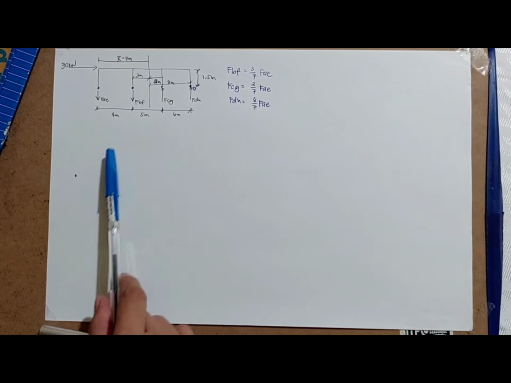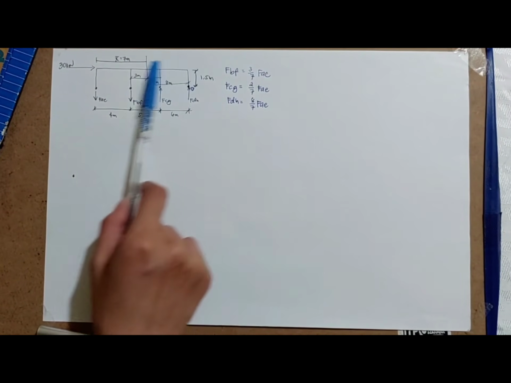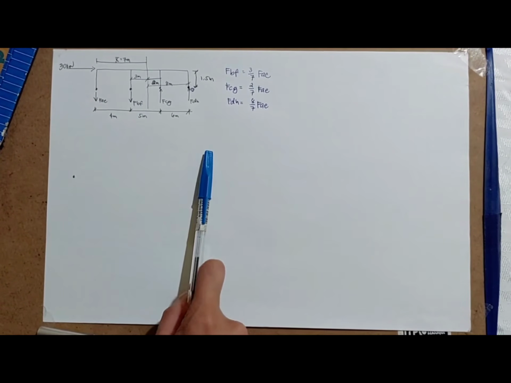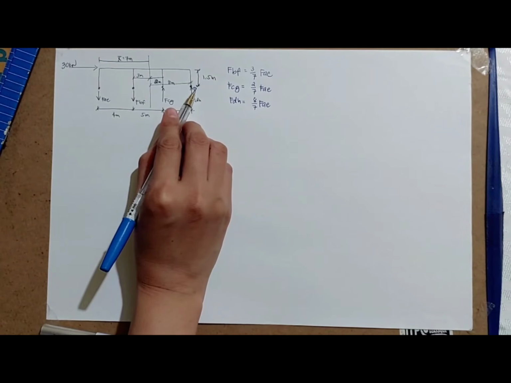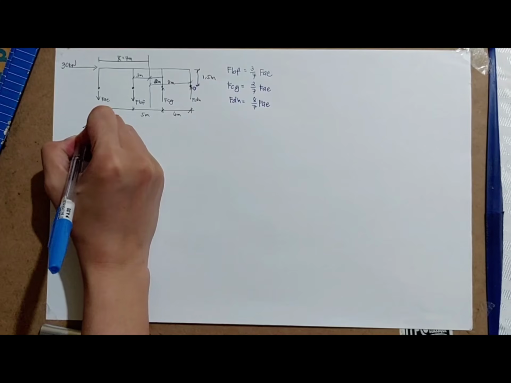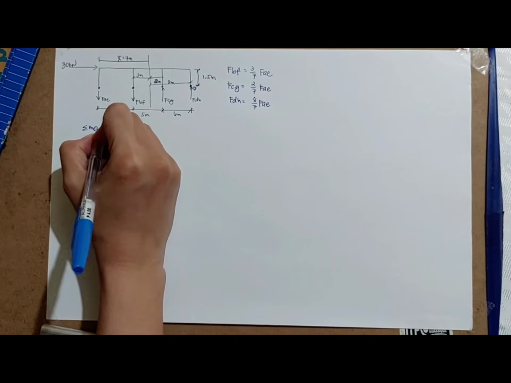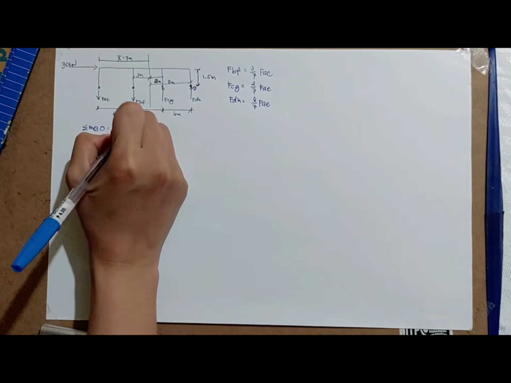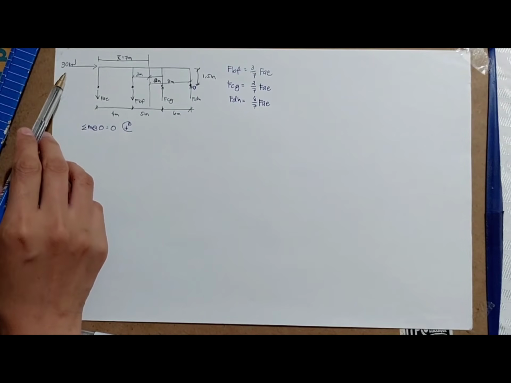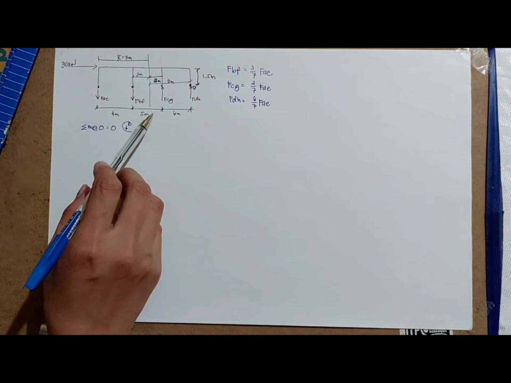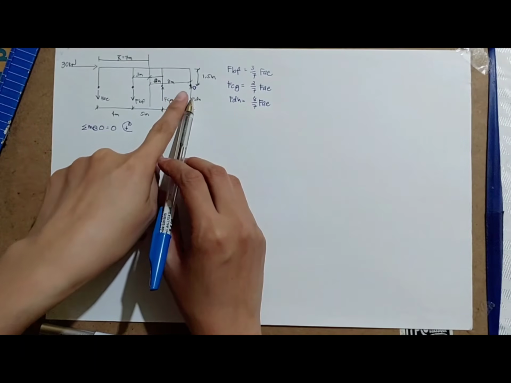Okay, I arranged it to make it cleaner. Next, here we do the summation of moments. We have summation of moment at O equal to 0, with clockwise taken as positive. Which ones are clockwise? We have 30, our reference here, so that is clockwise.